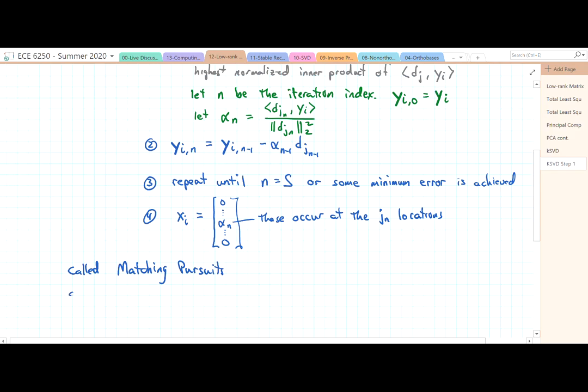And a variation that improves performance is called OMP, orthogonal matching pursuits. And it's a pretty straightforward thing to implement.